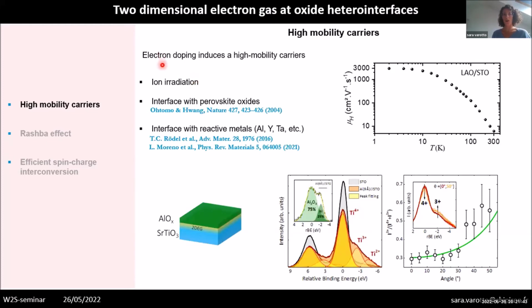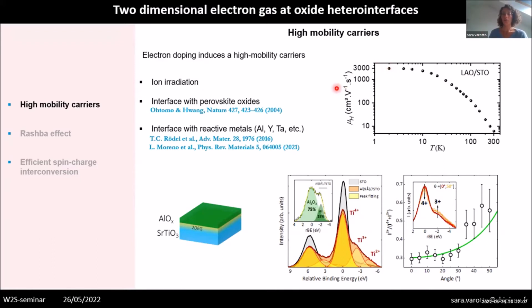This is due to some electron doping that can be created by ion irradiation or by creating an interface between two different perovskite oxides. So for instance, between the quite famous LAO/STO, so lanthanum aluminate and strontium titanate. And they both can be grown by PLD, and they show nice epitaxy.